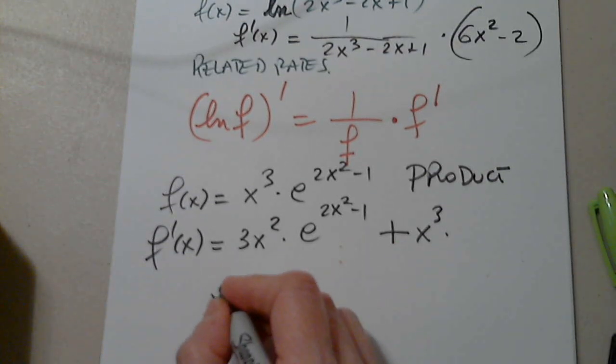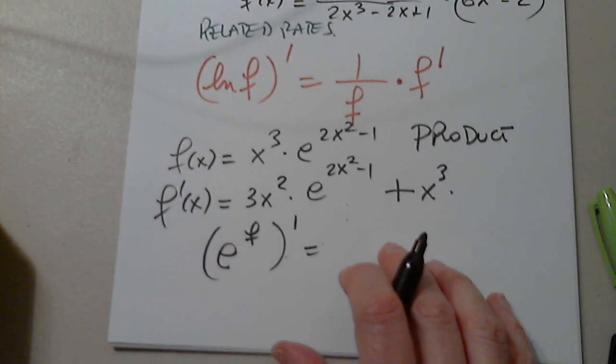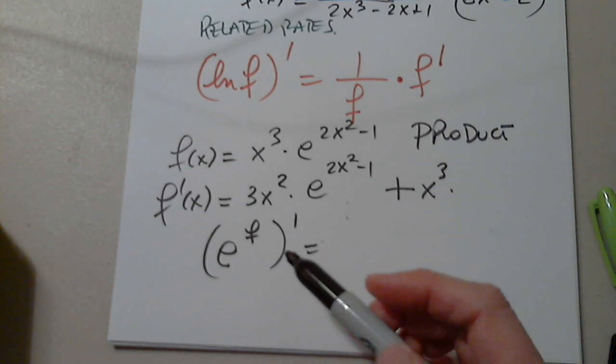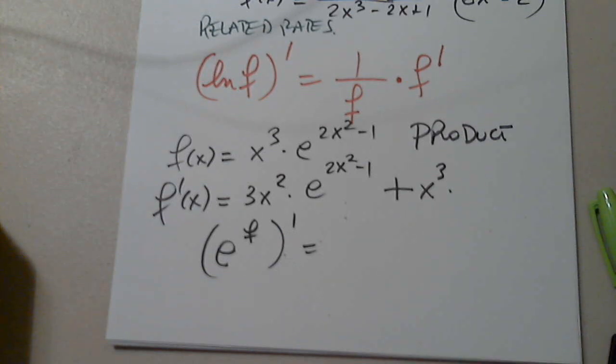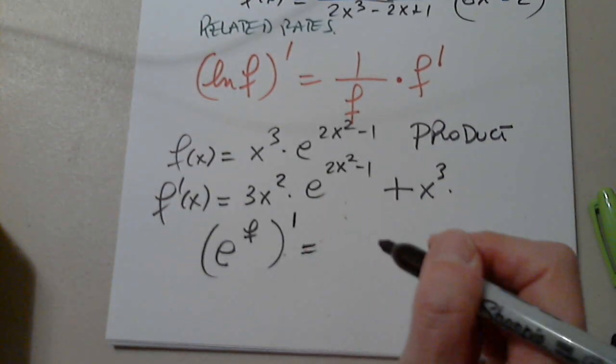How do we differentiate e to a function prime? What is the formula for e to a function prime? We're trying to find g prime.